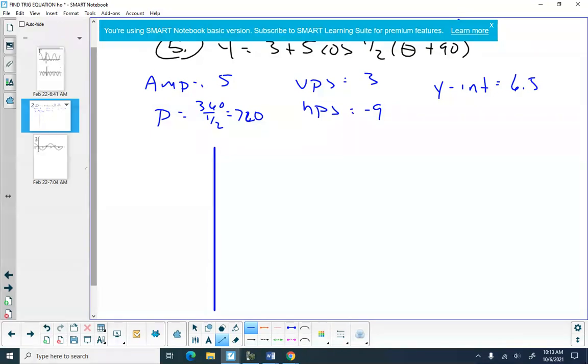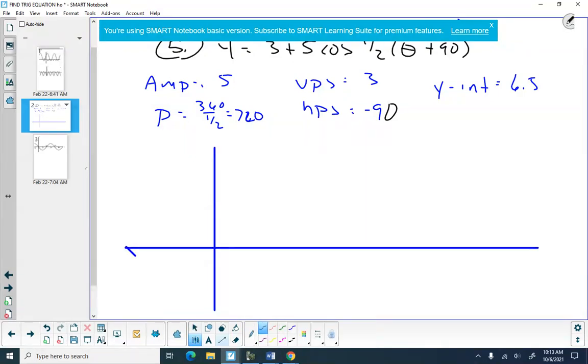Okay, I have a horizontal phase shift of negative 90, which means it's going to take me to the left. I have the period of 720, so I need to have small 90s. My graph needs to be a little bit more top heavy. I need to make sure I stretch up to 8.